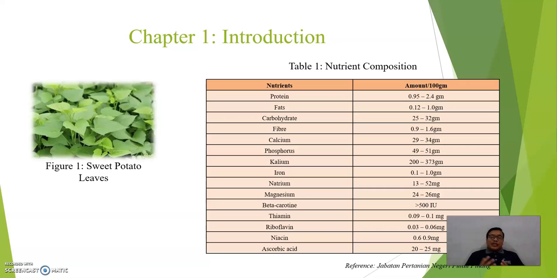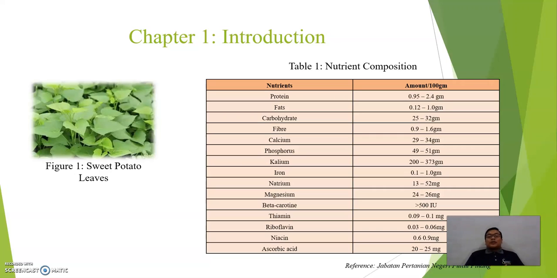As we know, all plants, especially green plants, have their own nutrients inside them. The same goes for the sweet potato leaf.